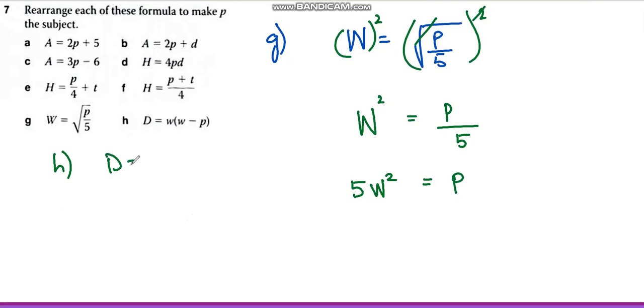In the H part, it is D equals W times W minus P. If I need P, first of all, I can divide both sides by W, because you can see that here W is being multiplied.